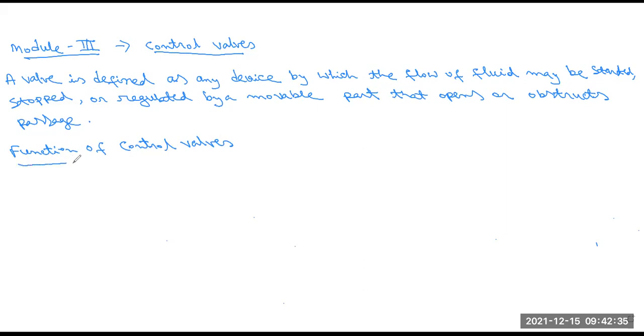That means you have to control the liquid flow rate, you have to control the temperature, the pressure, the concentration of the liquid, and the level measurement. All of you have seen the water tank system. When this water tank is filled by liquid or water, there is a top level and bottom level.